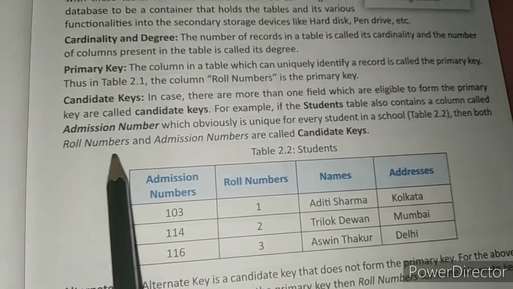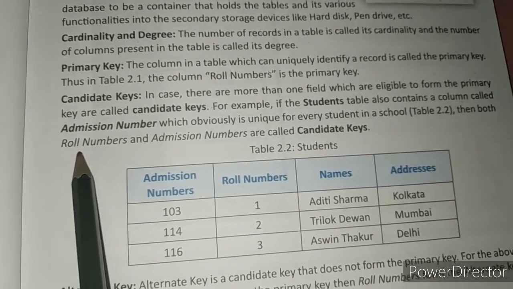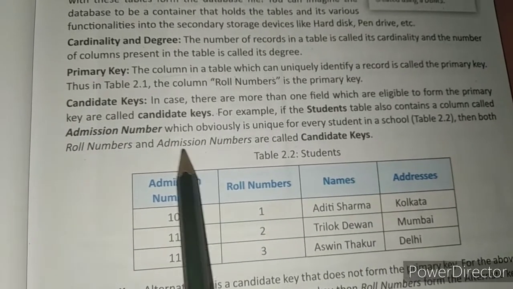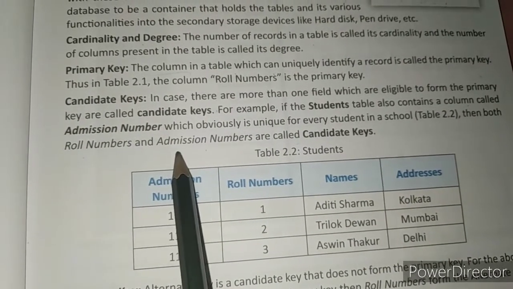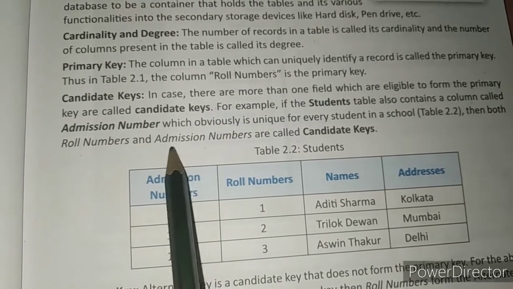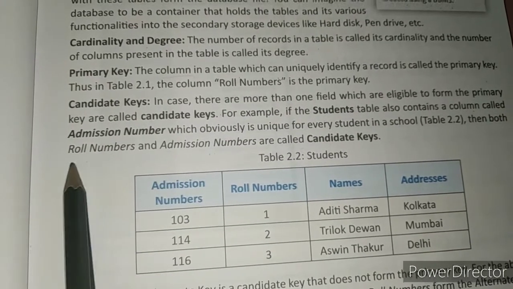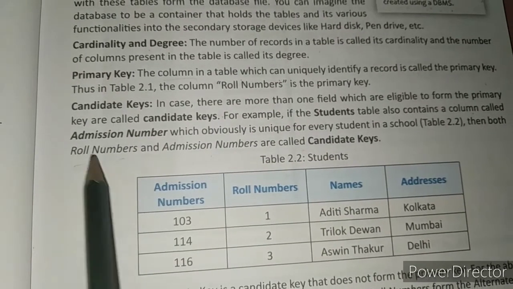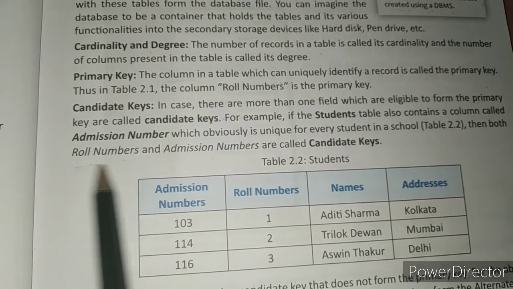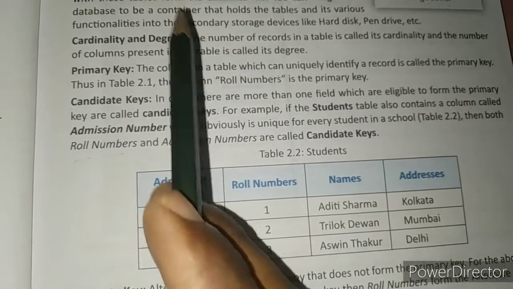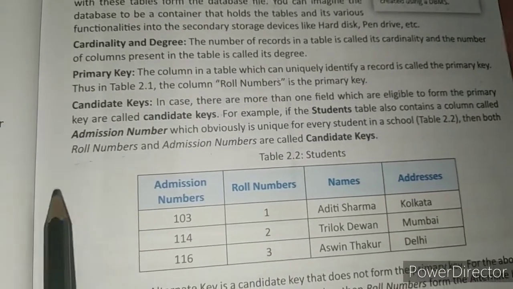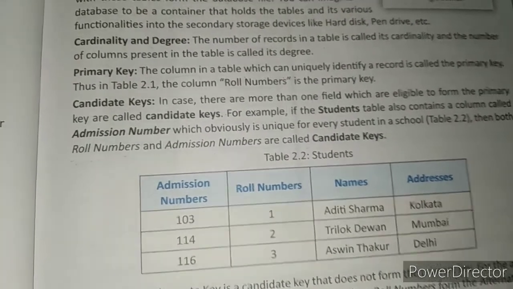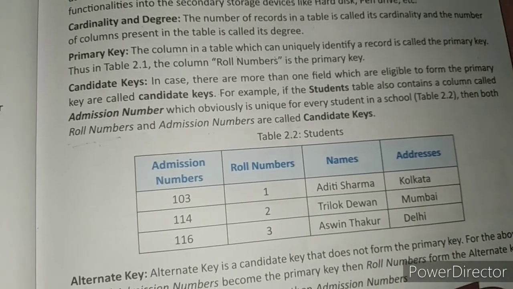And here we can say roll number and admission number both are candidate keys. When we use the roll number as a primary key, we use roll number as a common field in all the tables, so it becomes the primary key because it is used for connecting the tables.